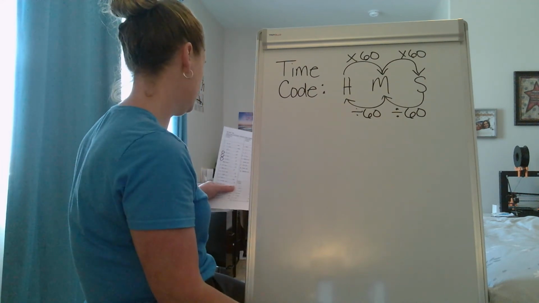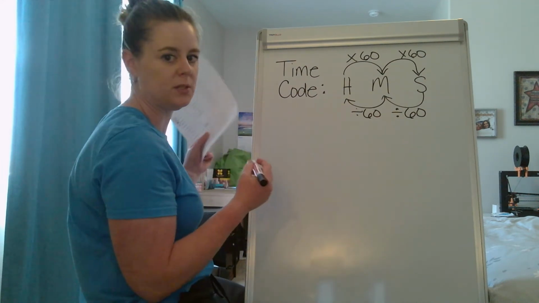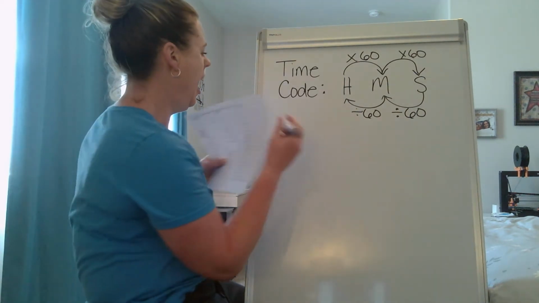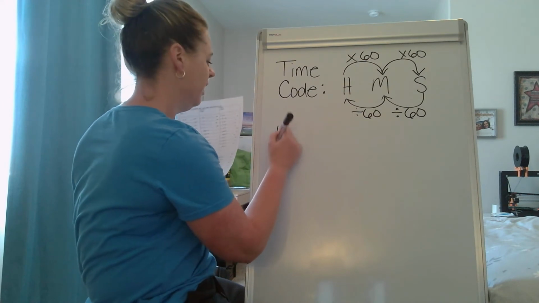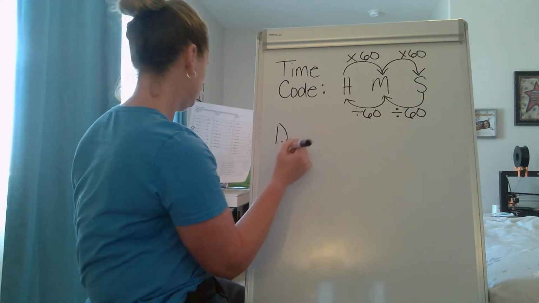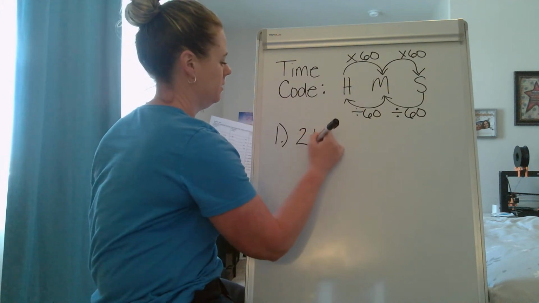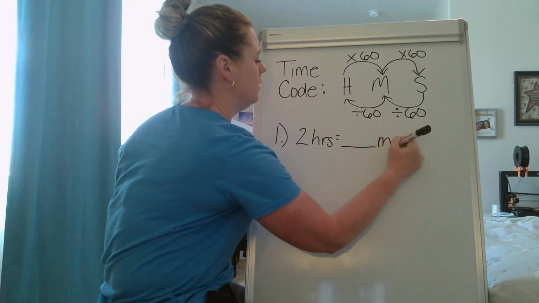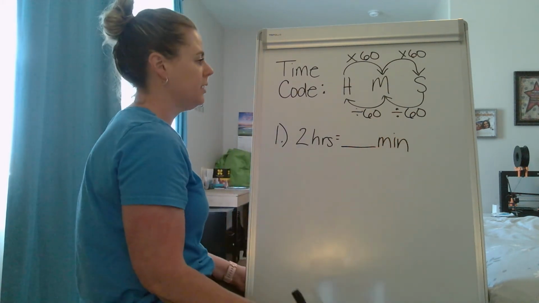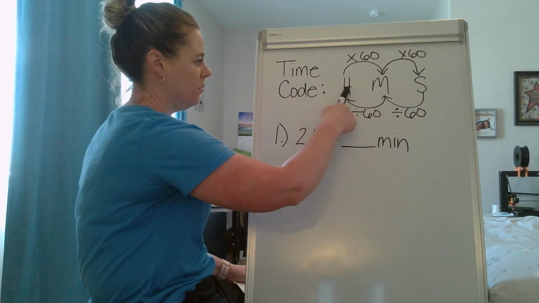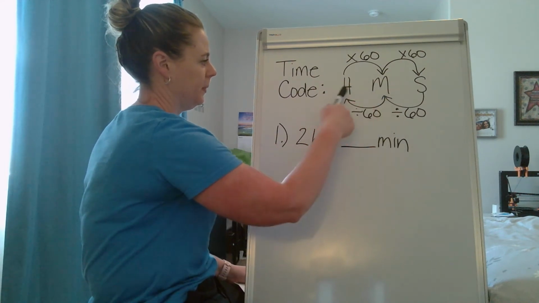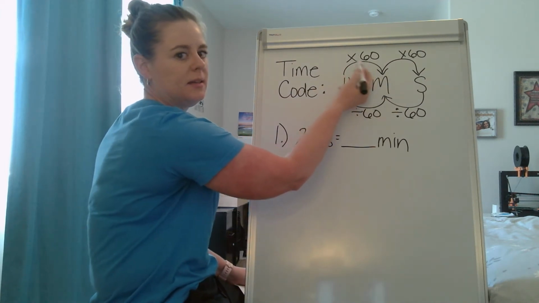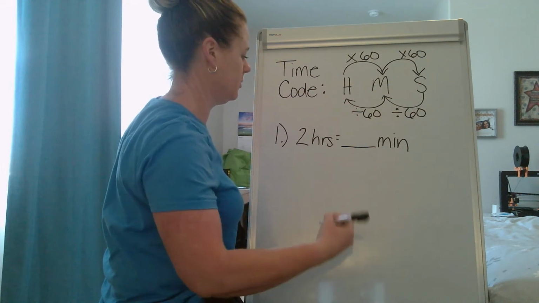Okay, so let's look at number 1. If you look on your paper, number 1 in the time section: 2 hours equals how many minutes? We look at our code up here. We're going from hours to minutes, so we multiply by 60.